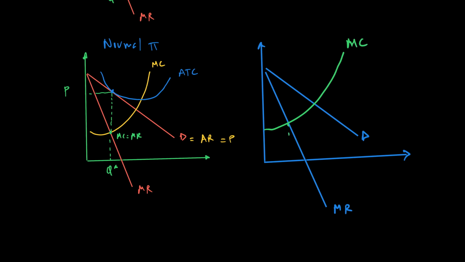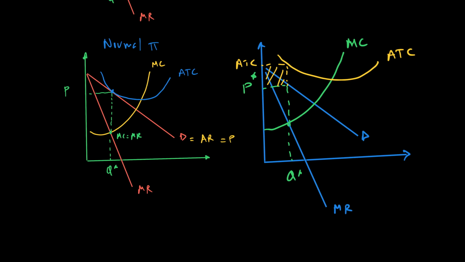MC equals MR gives Q star and P star, and our ATC will be above the demand curve. So ATC will be here, and the firm will be making an economic loss like this.